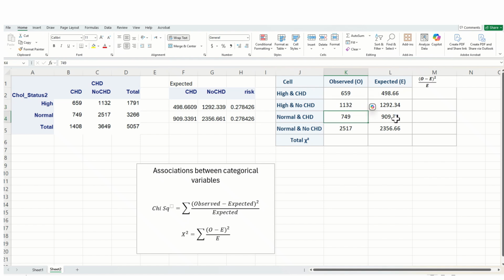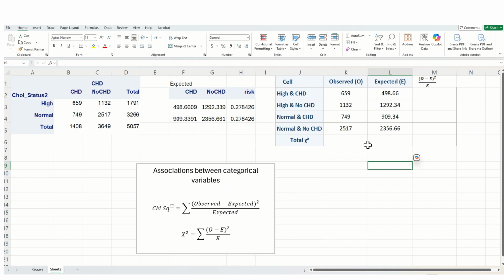And similarly, we can compare the other values, and it reinforces our estimates that there is some relationship between high cholesterol and chronic heart disease, because all these expected versus observed values point in the same direction.